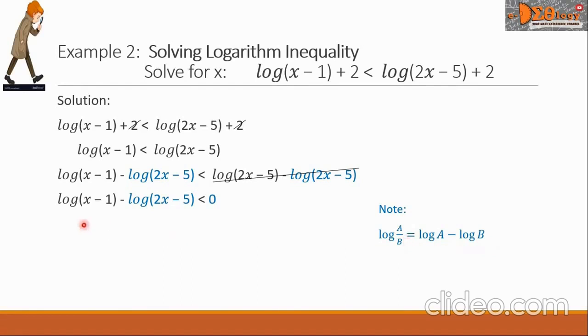So simplifying our left side of the inequality, we can simplify the expression here into log of the quotient x minus 1, that is the numerator, over the denominator 2x minus 5. And this is less than 0.